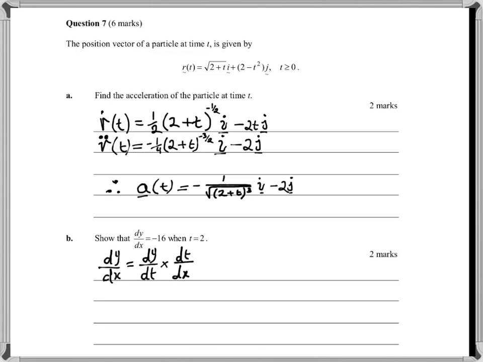So dy/dx is dy/dt times dt/dx. Now this dt/dx is just the reciprocal of dx/dt, the derivative of the first part here.